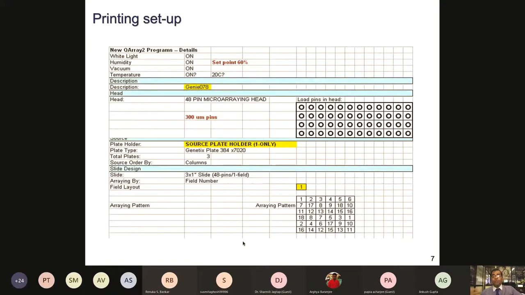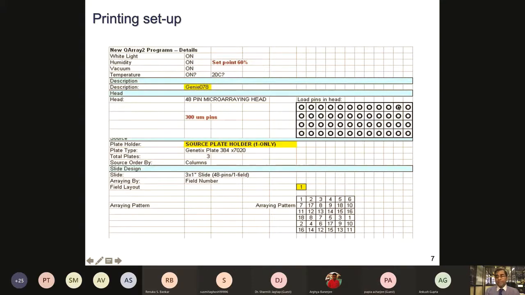Now let's say you want to print a small array yourself, and I'll show you some hands-on in the post-lunch session on how some of these arrays can be printed. There are printing heads in which pins are used to print these arrays. So you make the layout based on how many pins you have for printing.